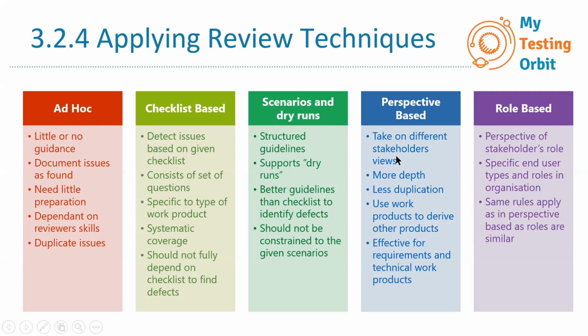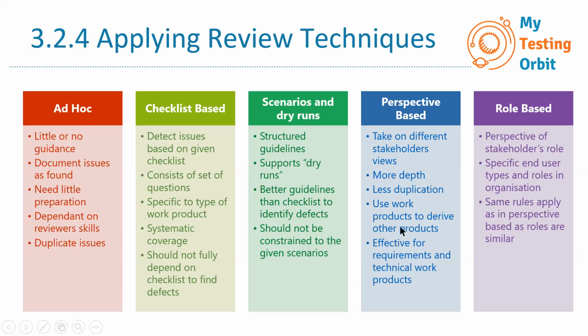Perspective based goes into more depth and less duplication. Why more depth? Because everyone is putting their own views on the table, so there is less chance of duplicate issues being identified, and they will be going into more depth of the review.